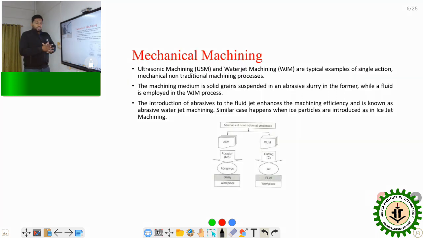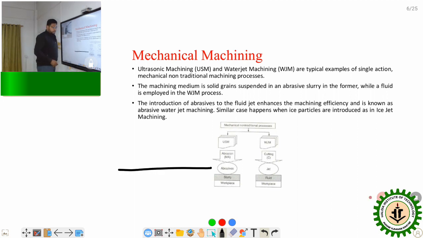So mechanical machining, which we have already discussed, includes ultrasonic machining and water jet machining. In ultrasonic machining, small particles of abrasive material strike on the work surface.